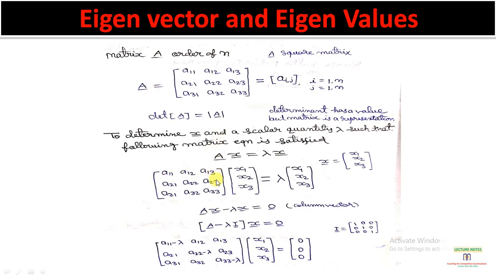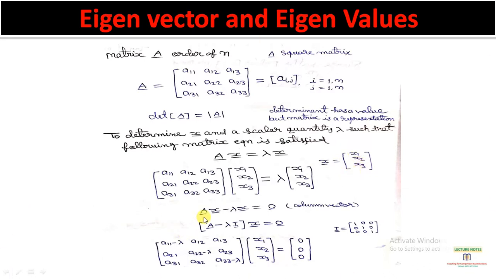We can write A in this type, and the column vector x in this way, where the vector x equals the matrix x1, x2, x3.